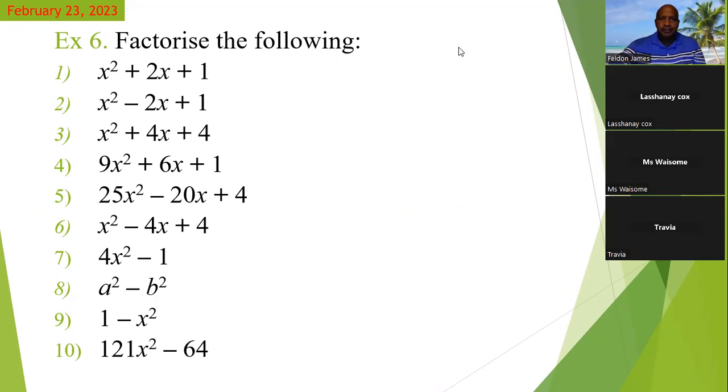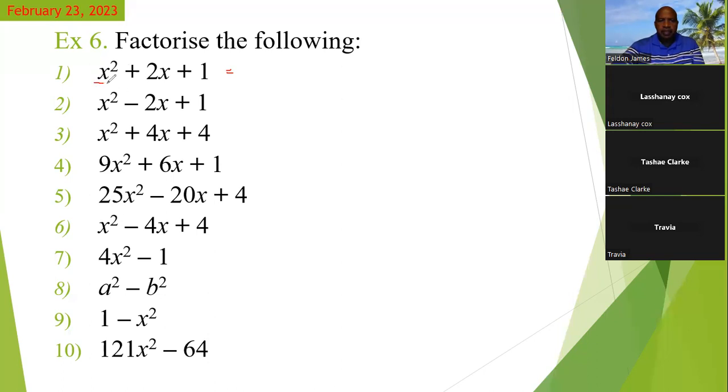All right, guys. Anybody get the answer to question 1? Yes, sir. All right, what we do, we first check to see whether or not we have a perfect square. How do we check that though? The x squared, so the first term is a square term.